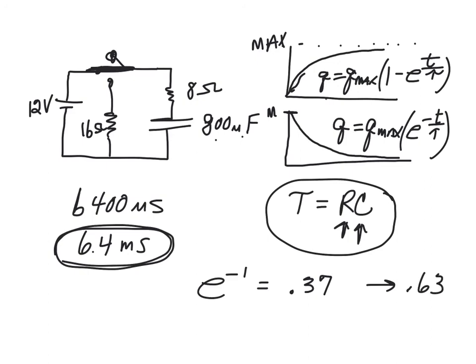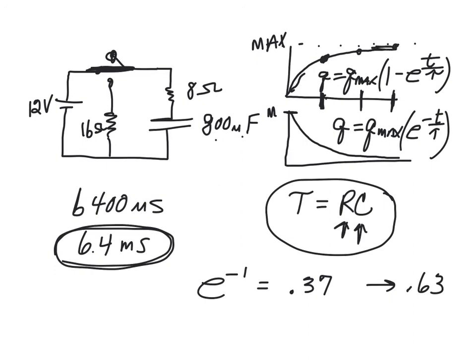So that means when the time reaches 6.4 milliseconds, this will be 63% charged. And after two time constants, it's going to go another 63%, which is about 86%. And after 3, it's about 95% charged.